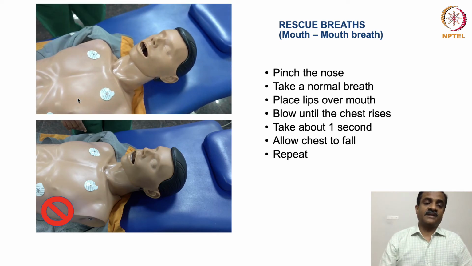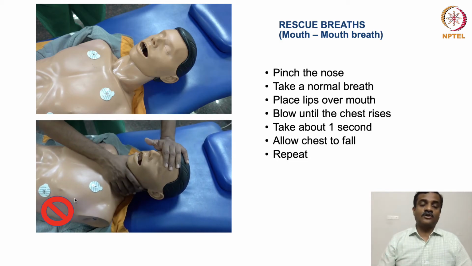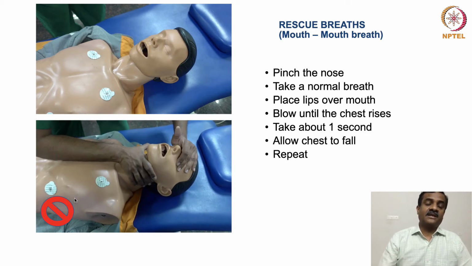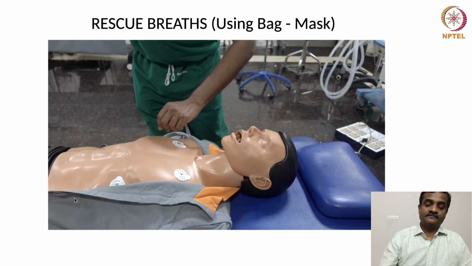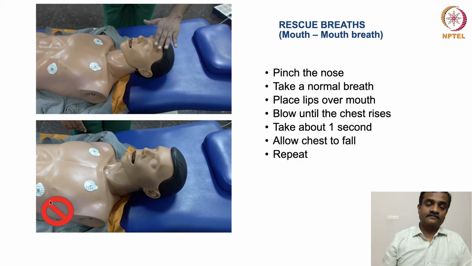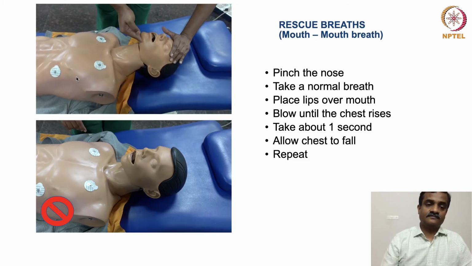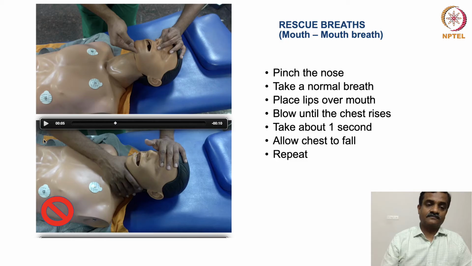I was reiterating the right way of doing it. Let's look at another way which is not so good. The challenge here is, in panic, people tend to go and hold the neck. We are actually compressing the neck and making it difficult, and pushing on the eyes of the victim is also a problem. Head tilt, chin lift, pinch the nose.